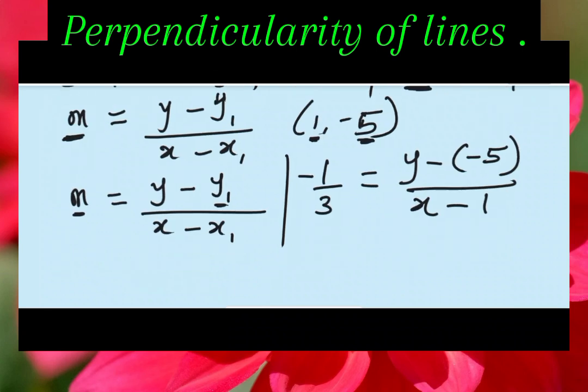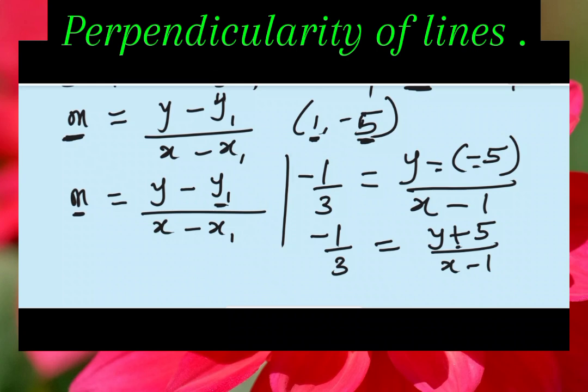Very good. Now this is the same as minus 1 over 3 is equal to y plus 5, everything divided by x minus 1. Because minus times minus is plus, that is how we got this plus.